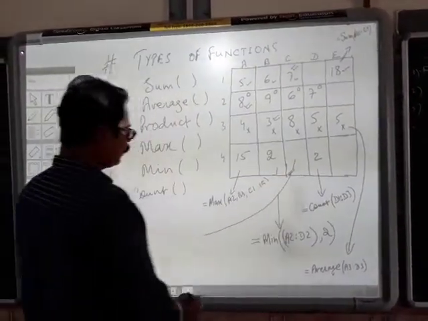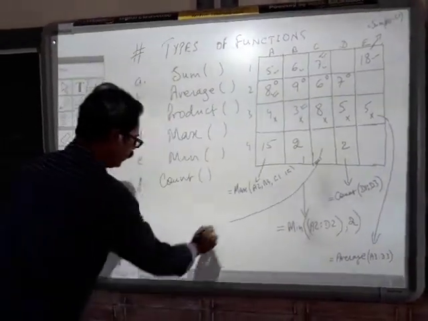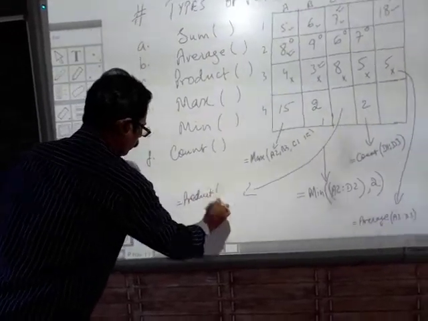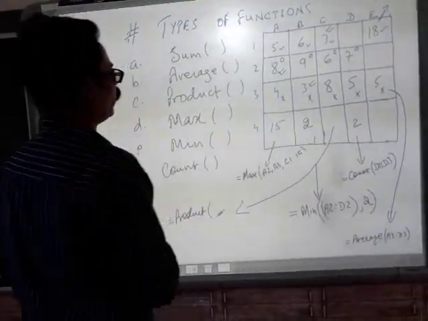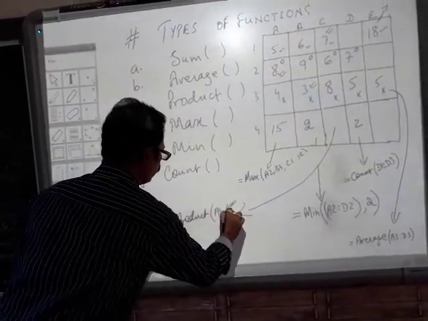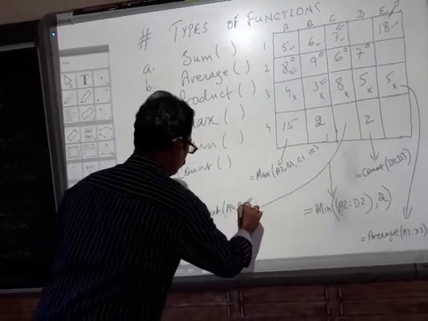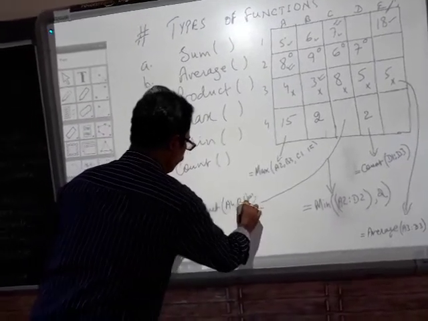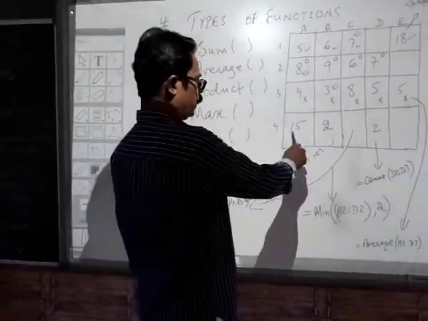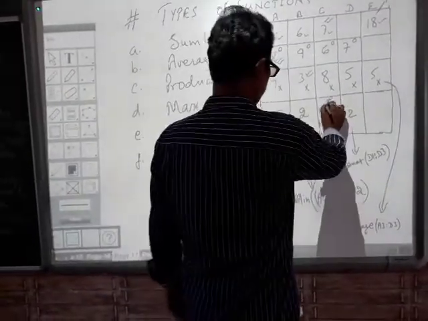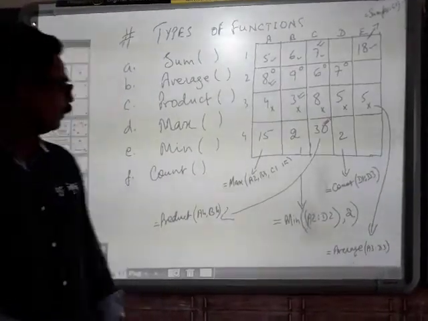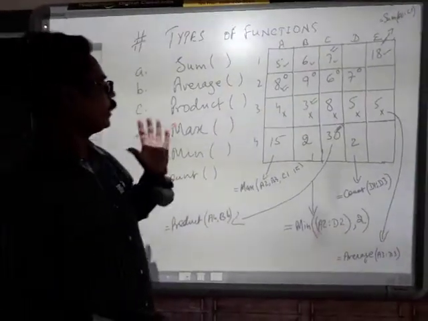So when we want to have a product here, I will write it this way: equal to PRODUCT, and then I am going to write A4 comma B4. The moment I write A4 and B4, that means 15 into 2, that is 30, will be displayed at this particular stage. Is that clear? So these are called the various functions.